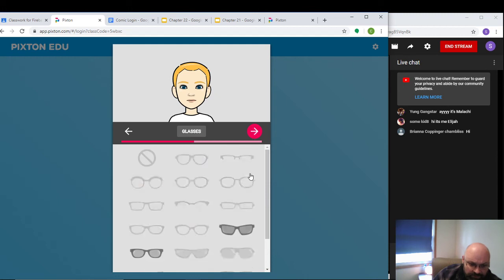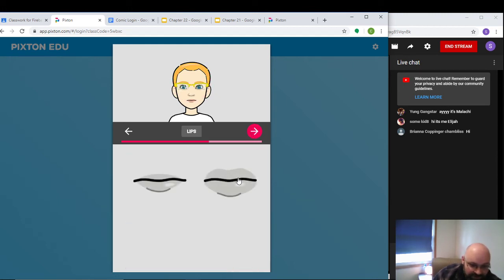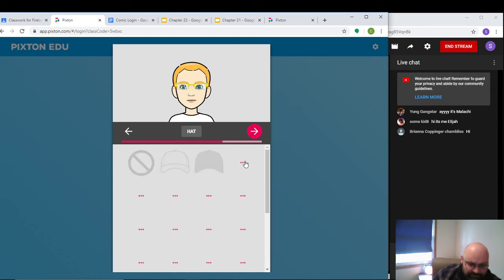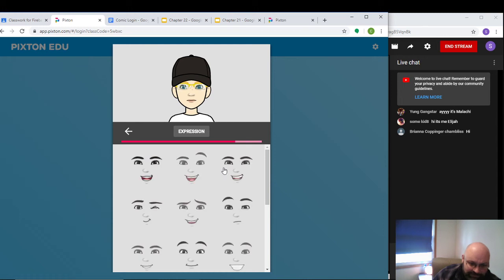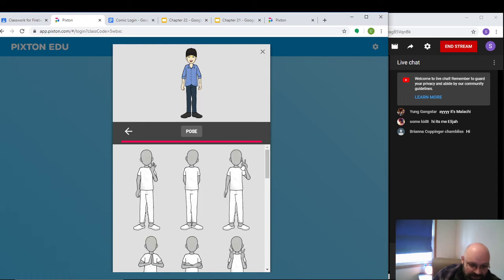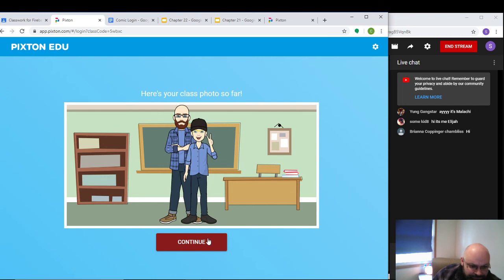Once you go through the entire thing, I'm just clicking the first option for every single option here. And then you can give them a weird facial expression if you want, whatever outfit you want. I think you can skip that. You can give them a cool pose if you feel like it. But I tried to make my guy look more like me.